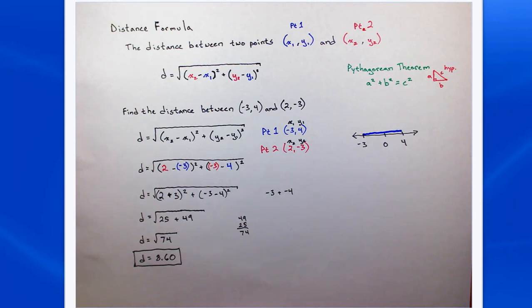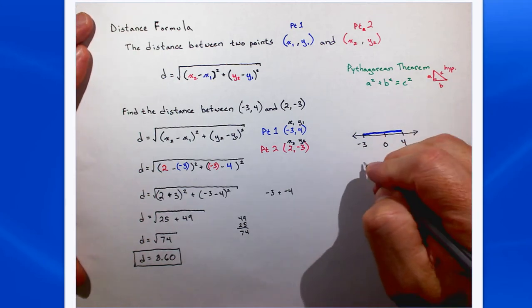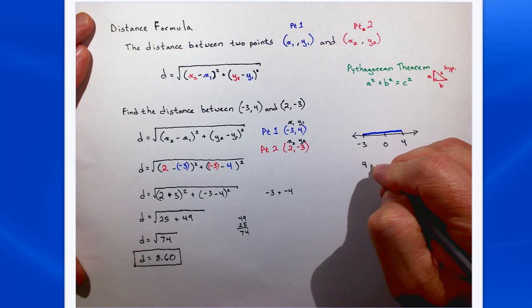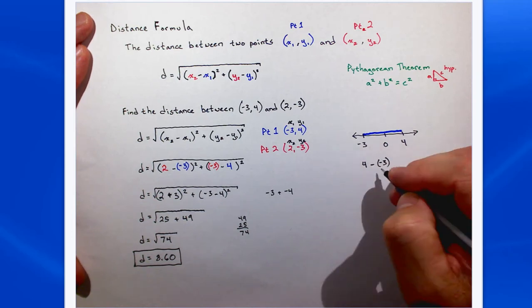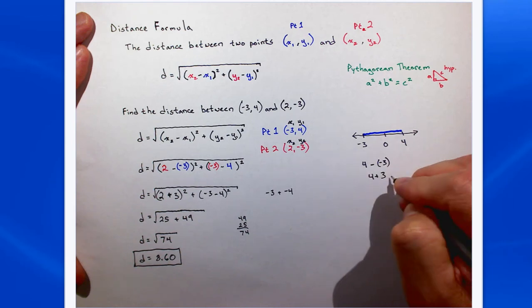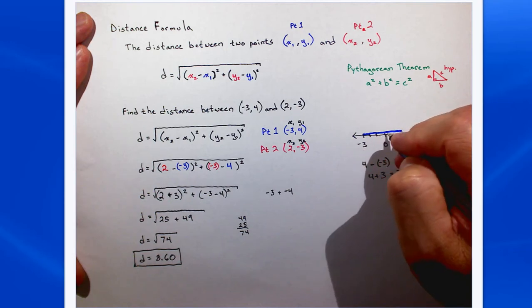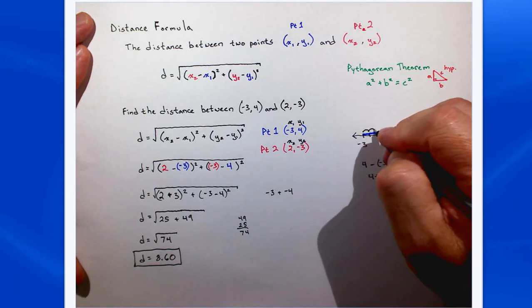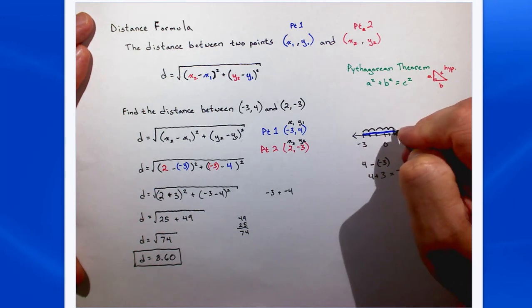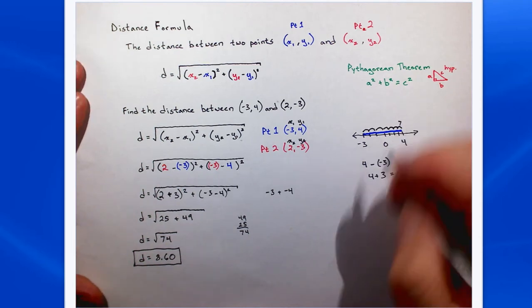Well, to find the distance is just the difference of your larger number from the smaller. So it would be 4 minus a -3. And that turns into 4 plus 3, which equals 7. And if I were to actually look at that, there's a -2, -1, 0, 1, 2, 3. So if I counted all of these, 1, 2, 3, 4, 5, 6, 7. That's my distance.